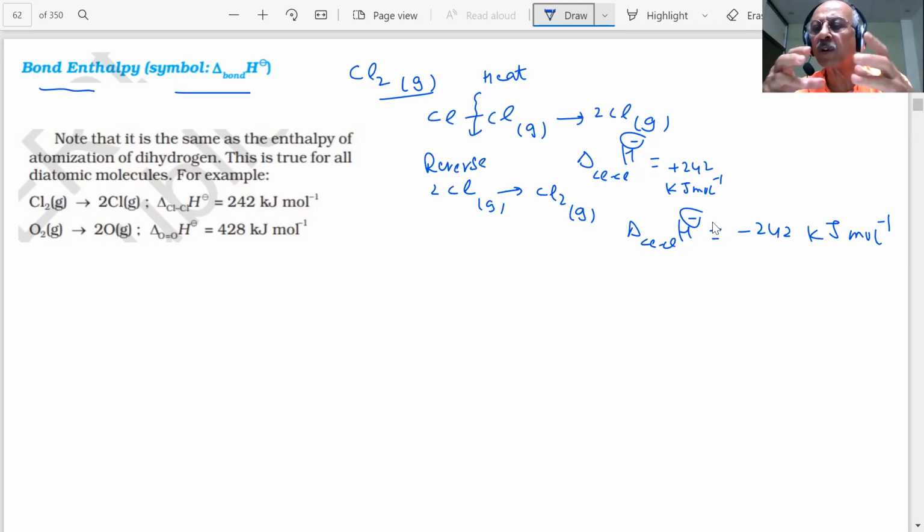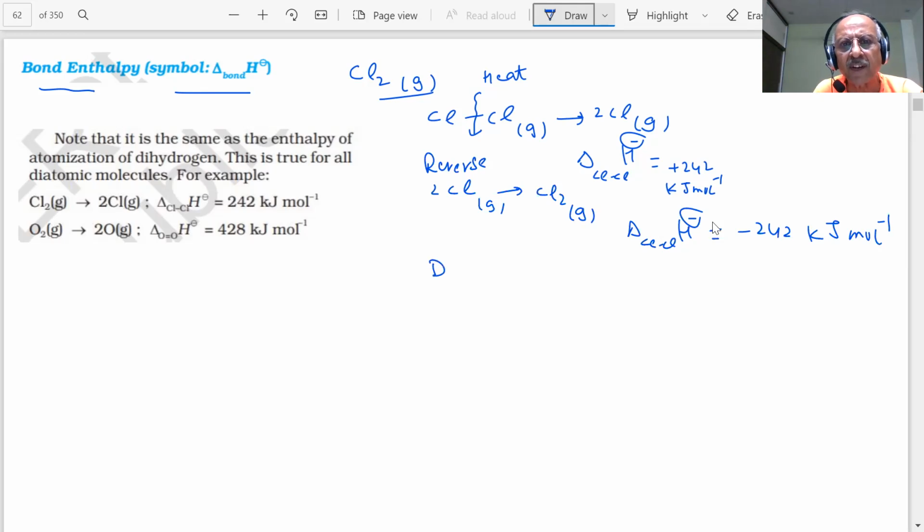Some bonds are more stable. They need more energy to break. Some bonds are weak. Less energy is required to break. Right? So we will see what is the value of the bond energies. Similarly, if I take oxygen, this is also the atomization energy in the case of these diatomic molecules.